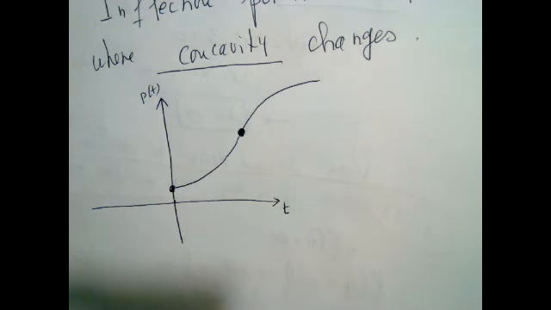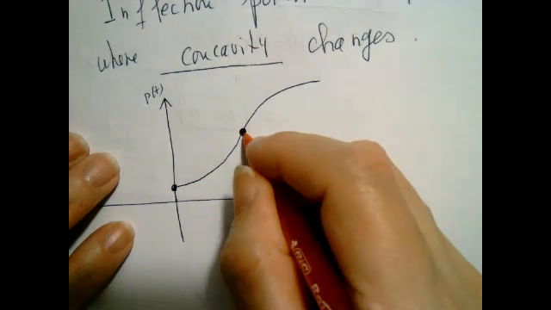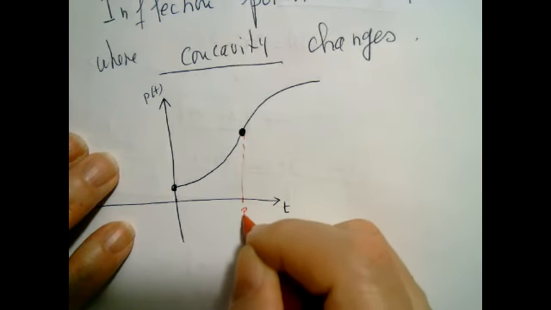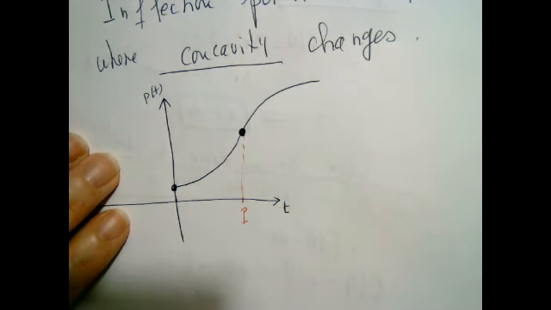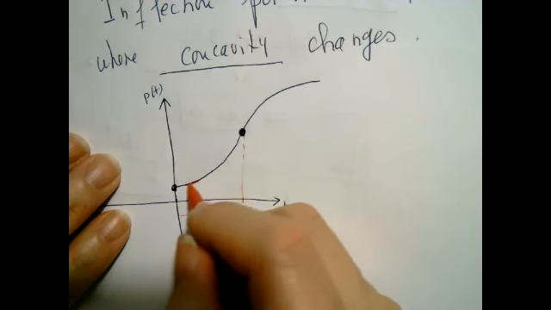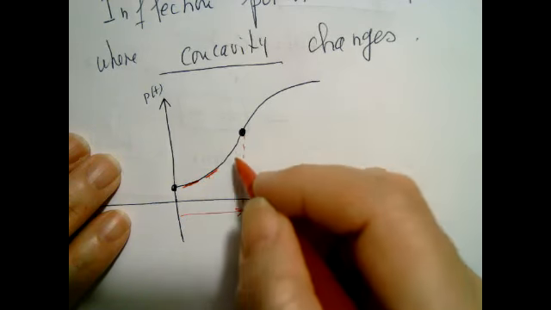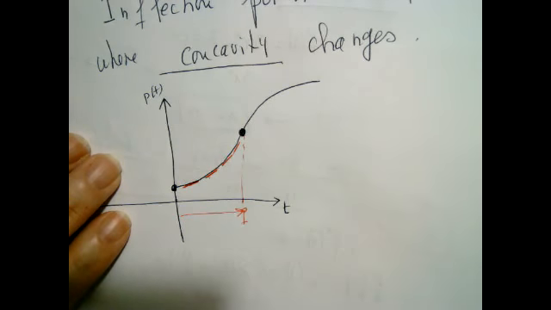So what does it mean? What happened at this point? This is my inflection point, that's my P. Prior to P, the function is moving at a faster rate.